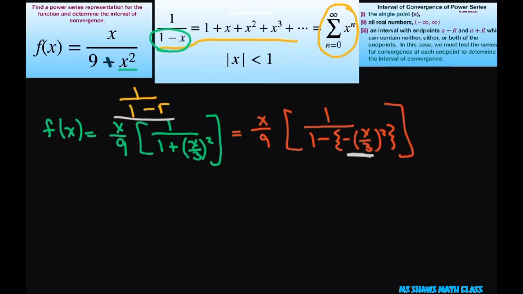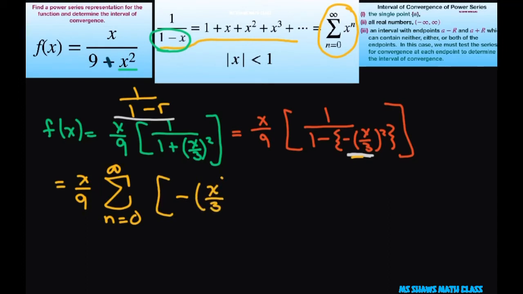So now I can write this as a sum, and let's rewrite this even further to write this as equal to x divided by 9 times the sum n equals 0 to infinity. Now, this is your r, so we're going to write this as negative x divided by 3 squared, and this is to the nth power.